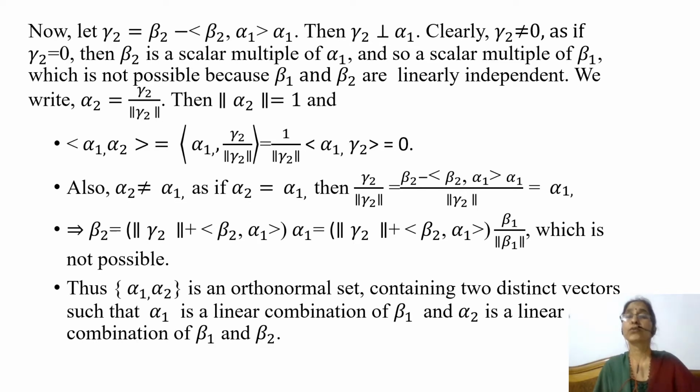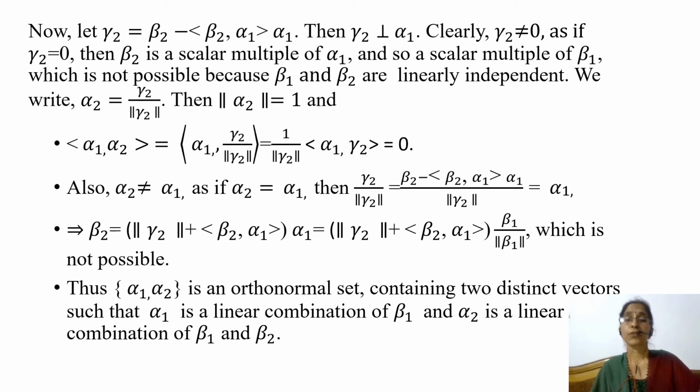This is equal to 1 divided by the norm of gamma 2, because the norm of gamma 2 is a scalar, times the inner product of alpha 1 and gamma 2. Since gamma 2 is orthogonal to alpha 1, this inner product is 0. And so we see that alpha 1 is orthogonal to alpha 2, and the norm of alpha 2 is 1.